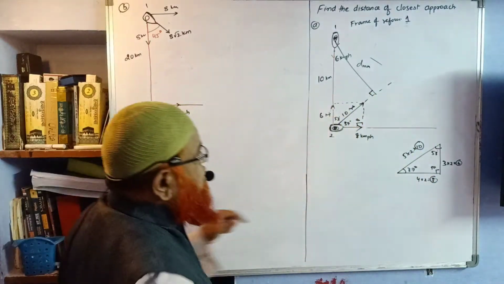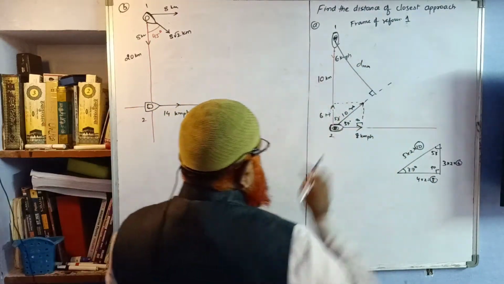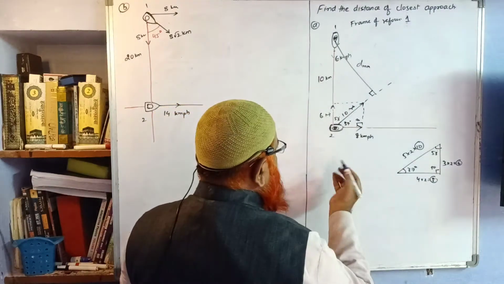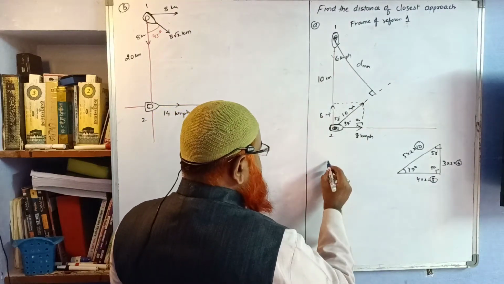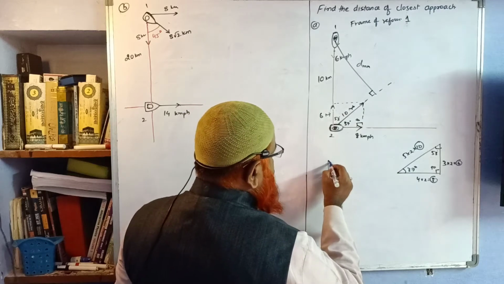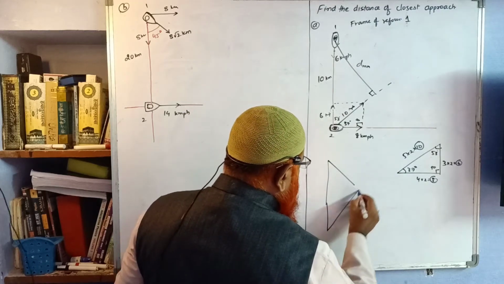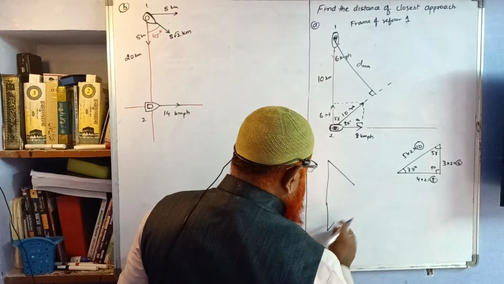So we need to find this distance here. How are you going to find it? Let me draw a separate triangle for the distance. This is a separate triangle I am drawing here for finding the distance.